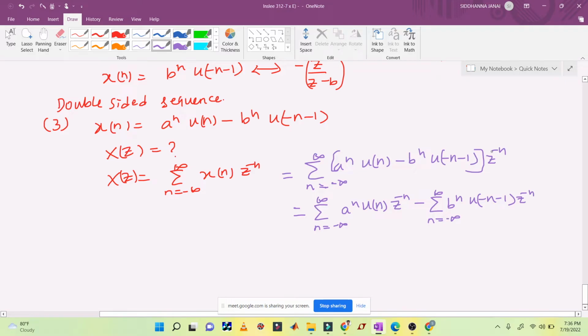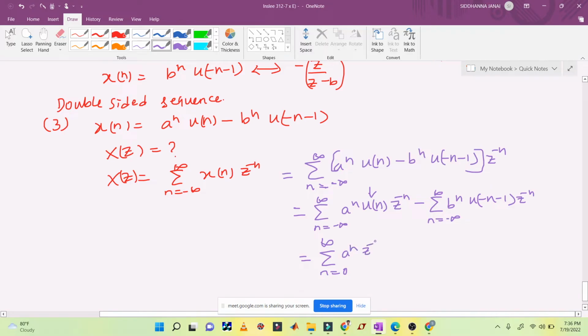I just multiplied z power minus n into the brackets. Now if you want u of n to be removed, we will change the limits to n equal to 0 to infinity, because it exists for those values of n.